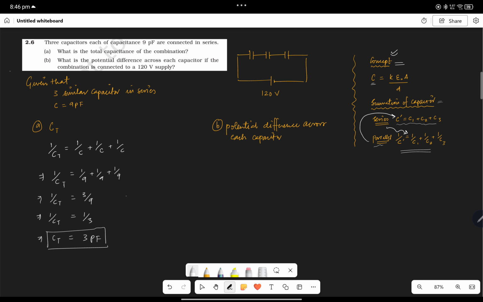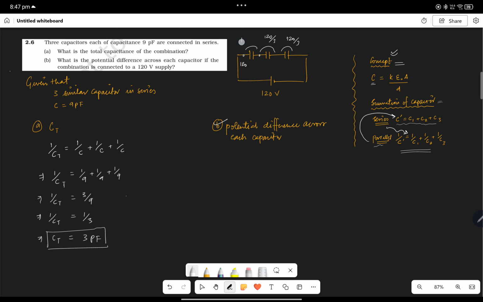So now what you have to do is, in section B, you have what is the potential difference across each capacitor. Because it is connected in series, that means the potential is going to divide into three equal parts. So the potential difference across each of these is going to be 120 by 3.